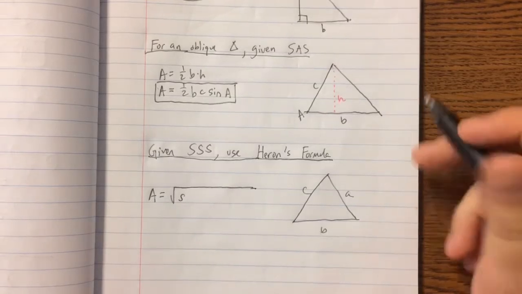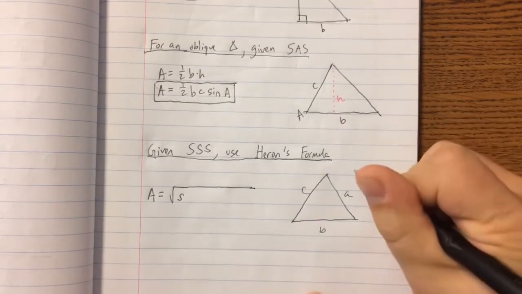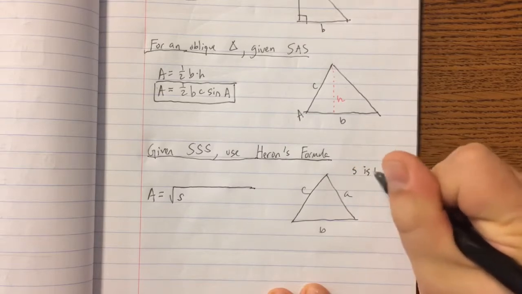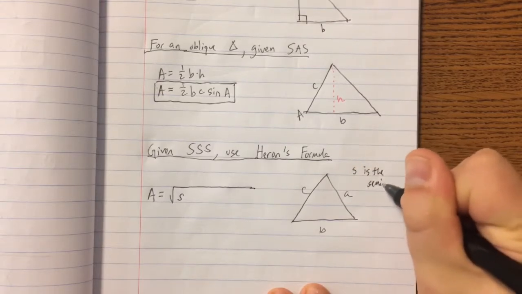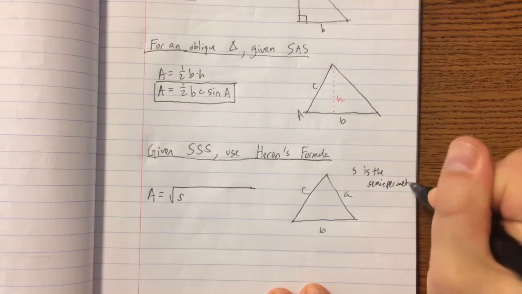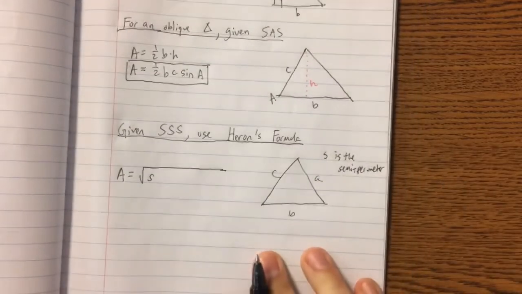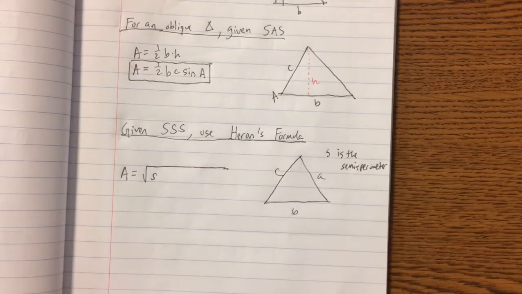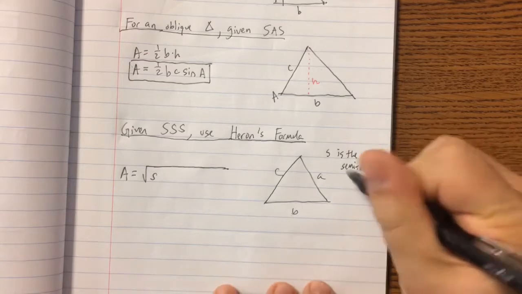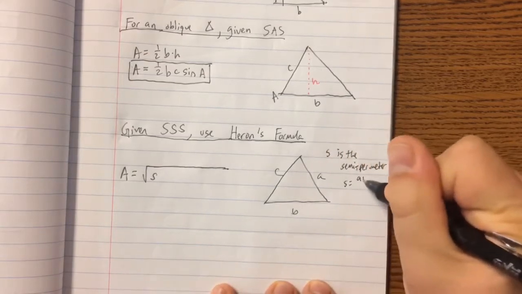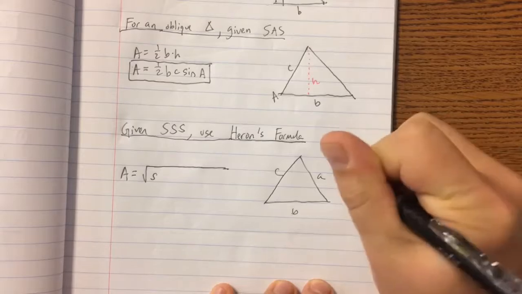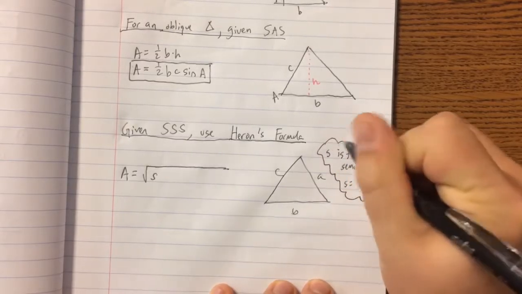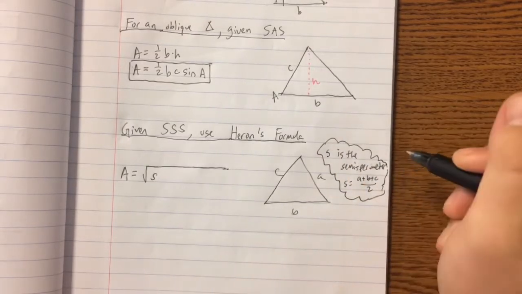So I might make a little note over here to say S is the semi-perimeter. In other words, you have all three sides, you just calculate the perimeter and divide it by 2. So S is A plus B plus C divided by 2. You'll have to calculate that up front.